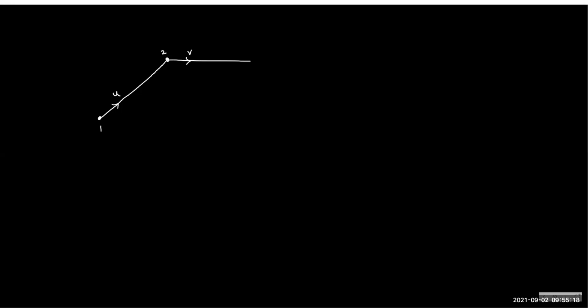So now to find the V approach, I will extend this line and let's call this angle theta. Can you tell me what is V approach here?